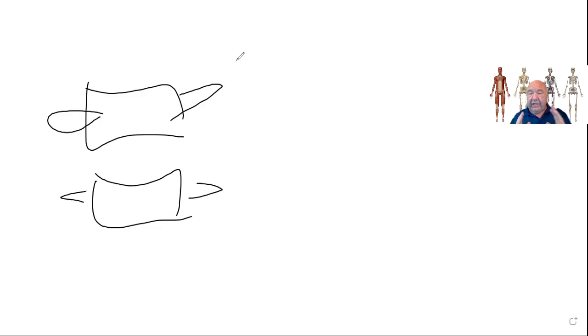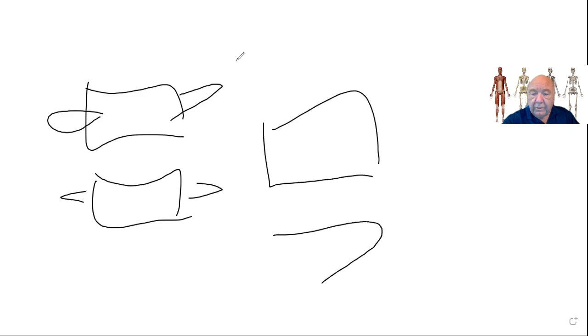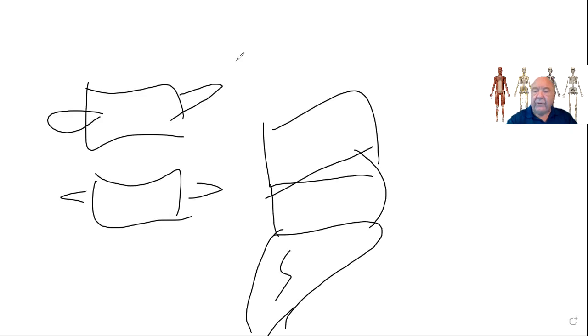Everything from the orientation of the facets being sagittal to iliolumbar ligaments to L5-S1 actually being wedge-shaped this way. So the sacrum's there, and L5 is actually a wedge shape, so it's wider at the front than it is at the back. So to go anterior and rotate anteriorly, it has to go uphill. So there are a number of mechanisms.